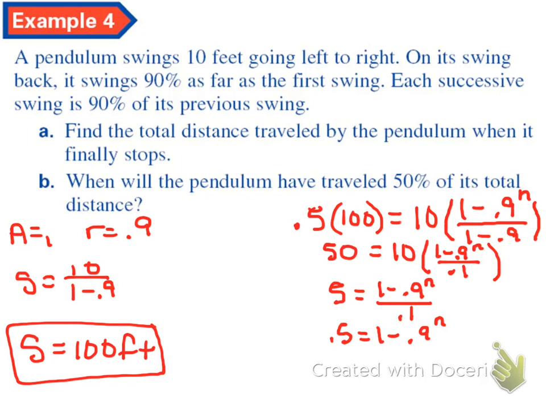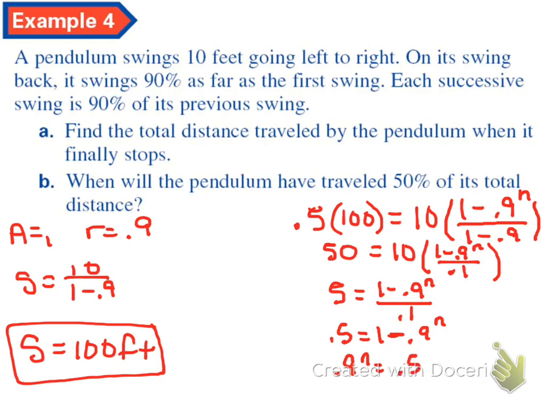Subtract 1 from both sides. So you would end up with a negative 0.5, but we want to get rid of this negative here also, so let's just write it this way. Move the negative 0.9 to this side, equal to, subtract 0.5, so 1 minus 0.5 would give you 0.5.